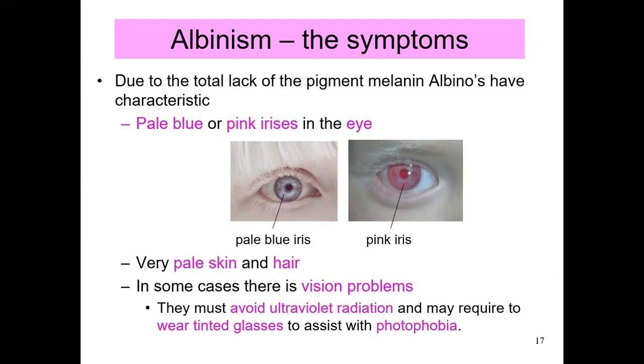In this picture, this is pale blue iris, and this is pale pink. The skin and hair are also very pale, because there is no melanin. In some cases there is also vision problem, so they must avoid UV radiation and may need tinted glasses to assist with photophobia, meaning scared of light.